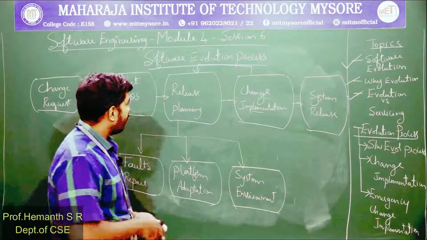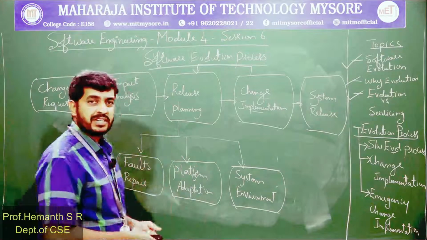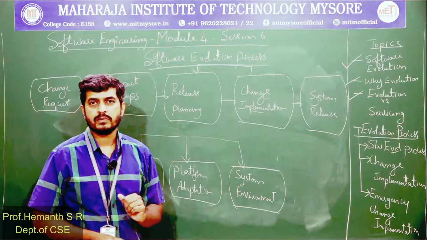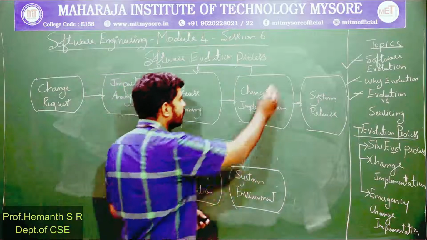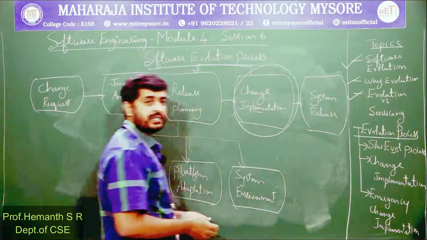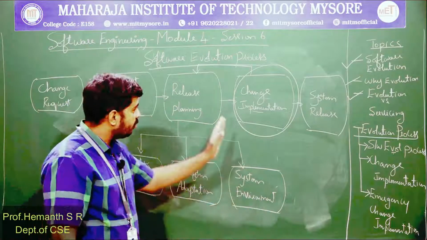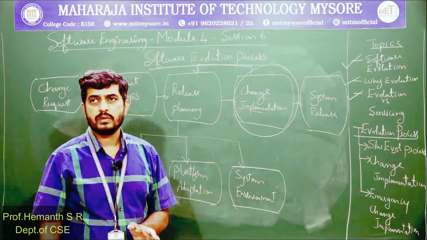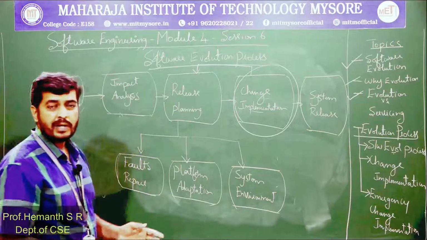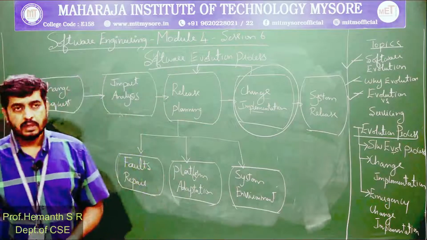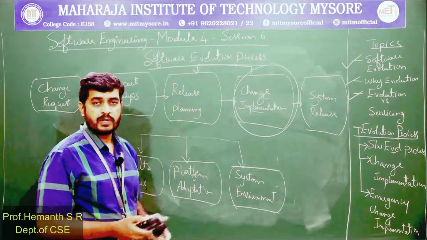Now we have one significant stage which has been compressed as one small step. What is it? Change implementation. Change implementation has a few more steps which we will be detailing in the next illustration. So this was the software evolution process.